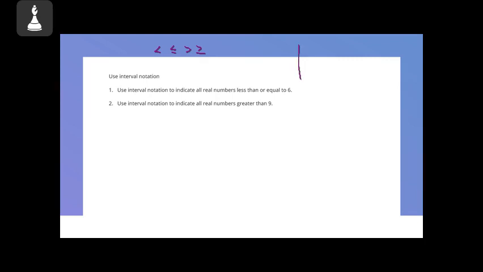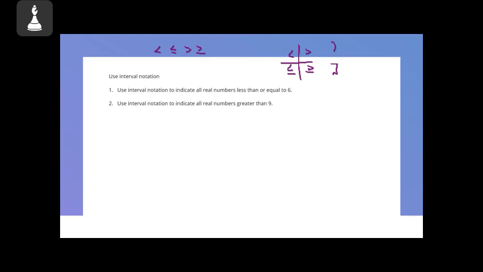So a quick little table: less than or equal to, greater than or equal to. If you have the equals to piece attached to it, the number that you have in your inequality is going to have a bracket. If you have just a less than or greater than, the number that is next to that inequality will be in a parenthesis.